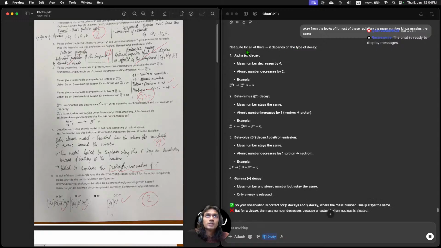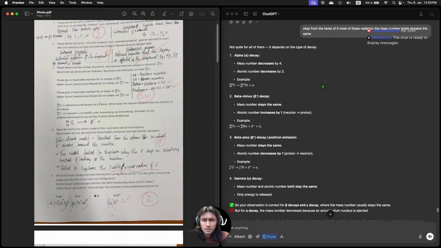Not quite. For all of them, it depends on the type of decay. Alpha decay, the mass number decreases by 4, the atomic number decreases by 2. Mass number decreases by 4.